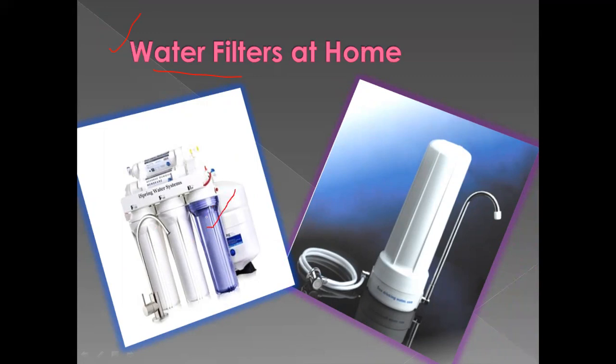There are three tanks in which there are filter papers, and these filter papers filter lots of materials, like germs, bacteria, algae, and some minerals which come in the water, and then you get clean water from the running tap for drinking purposes. This is also an example of filtration.